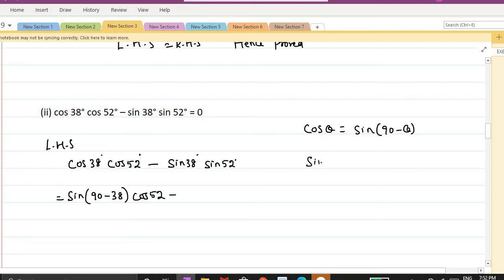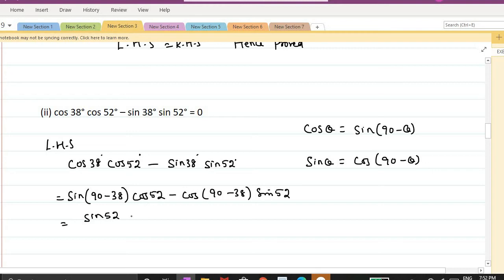So we know that by the complementary angle, sin theta equal to cos of 90 minus theta. So here cos of 90 minus 38 into sin 52. So sin of 90 minus 38 is equal to cos 52.